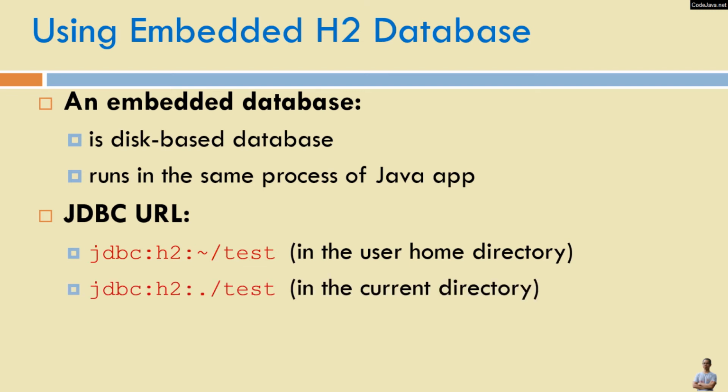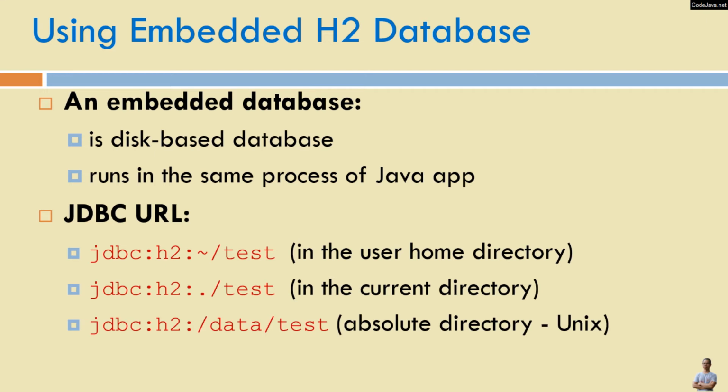And the second example is jdbc:h2:./test. This will create the test database in the current directory. And another example, jdbc:h2:/data/test. This will create the database test under the data directory. This is an absolute directory in Unix operating systems.